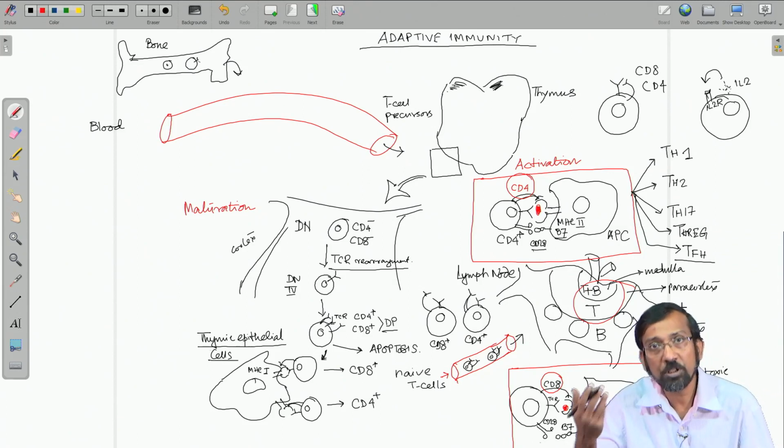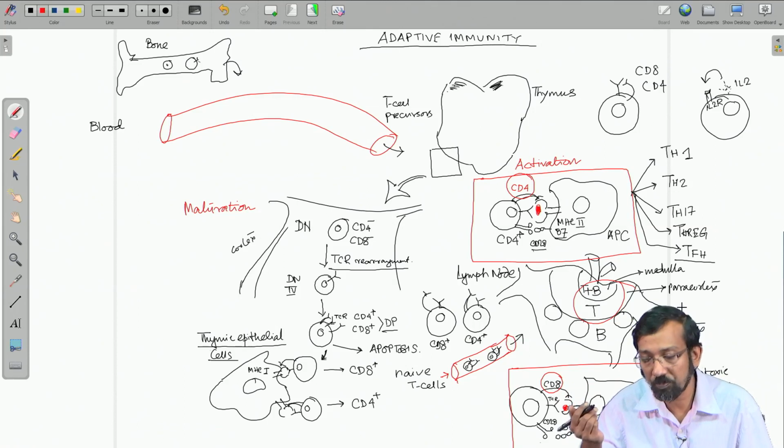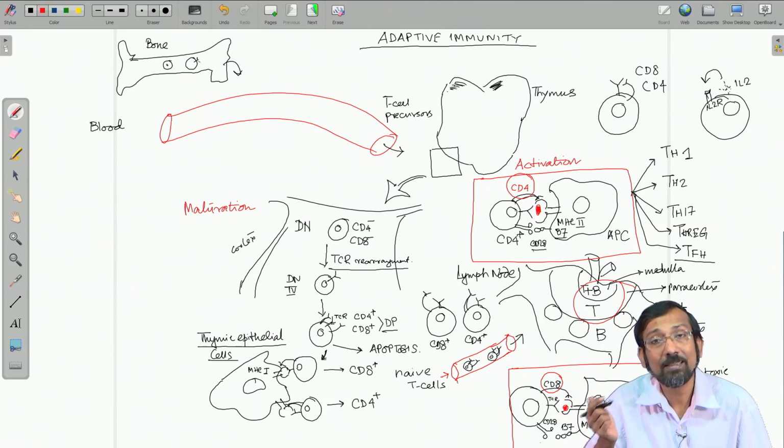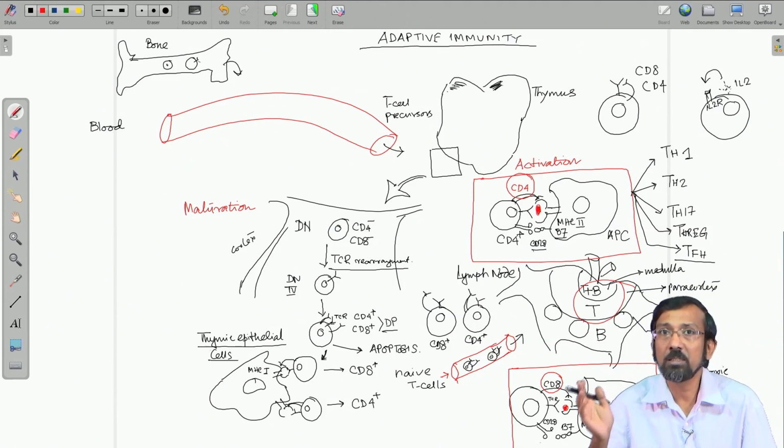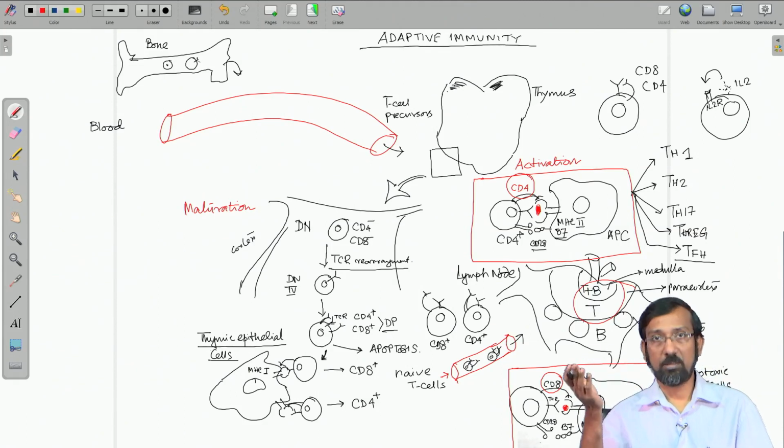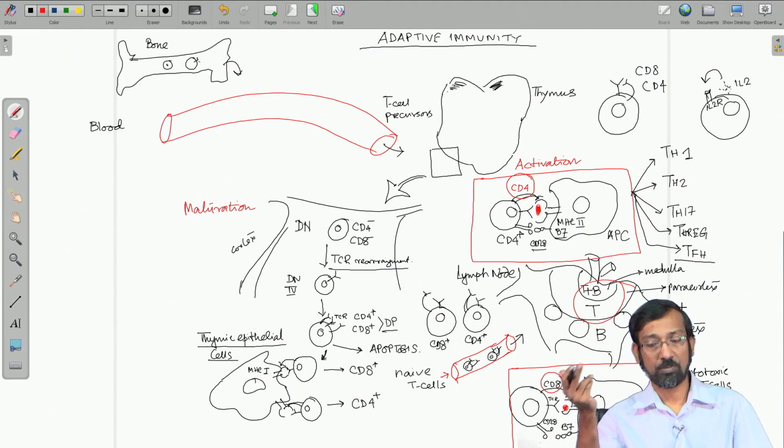These T helper cells help in the activation and differentiation of the B cells, which will now be producing the antibodies.